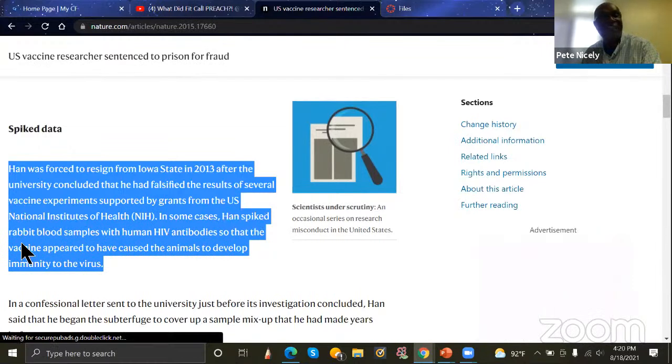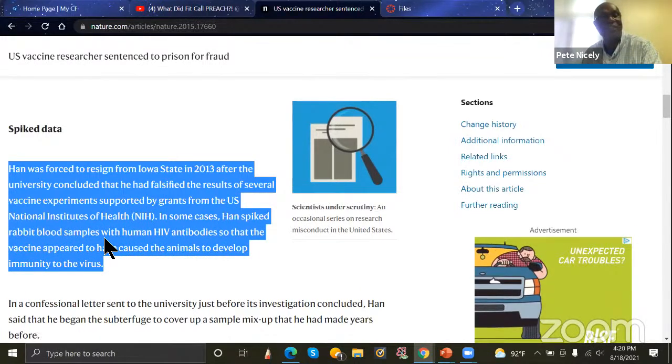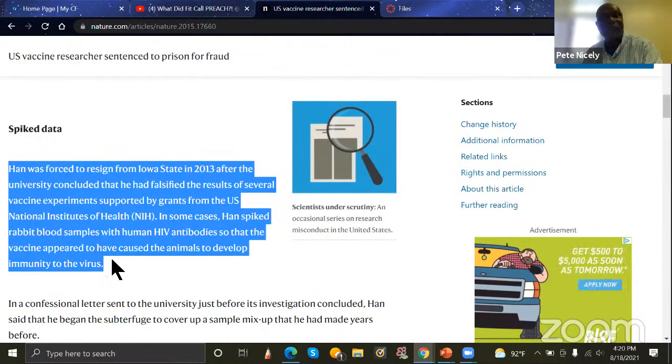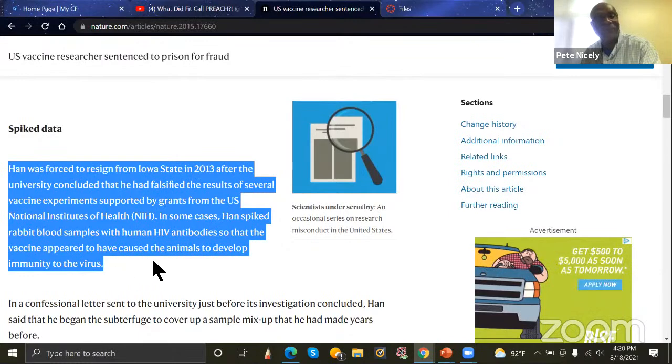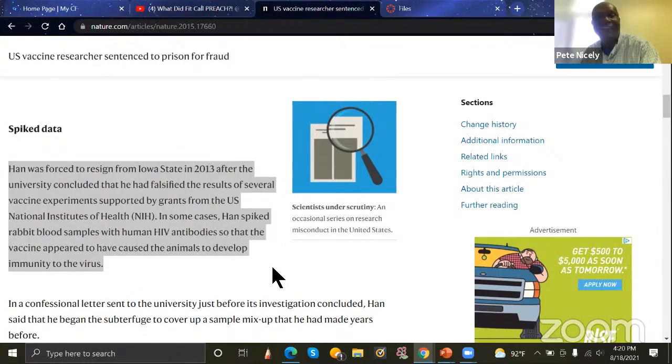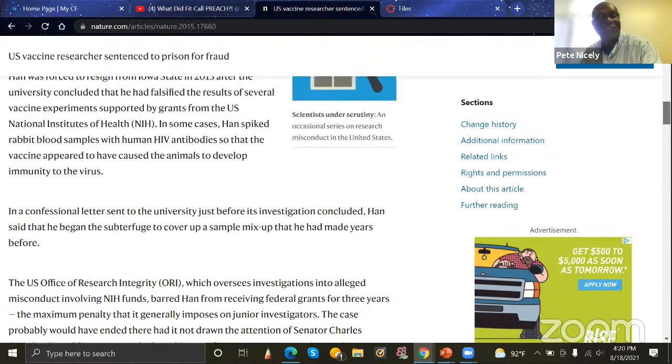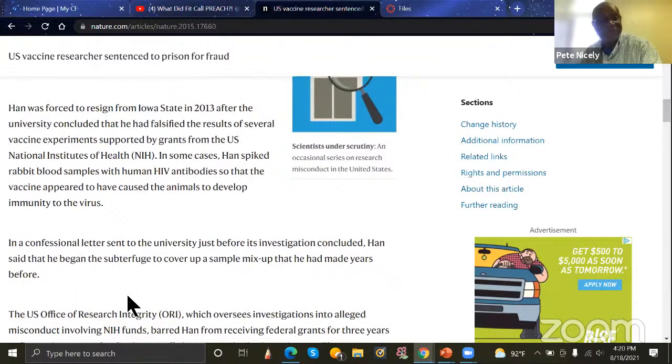In some cases, Han spiked rabbit blood samples with human HIV antibodies so that the vaccine appeared to have caused the animals to develop immunity to the virus. So he wasn't engaged in anything ethical in doing this, and therefore that's why he suffered the consequences that was levied on him, basically.